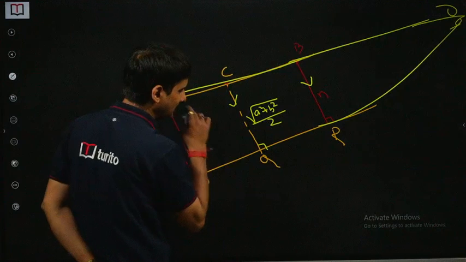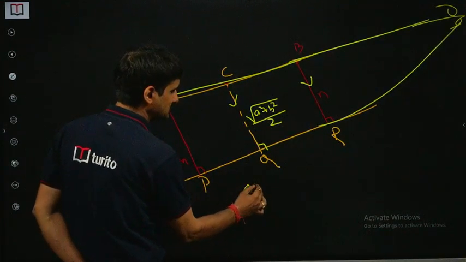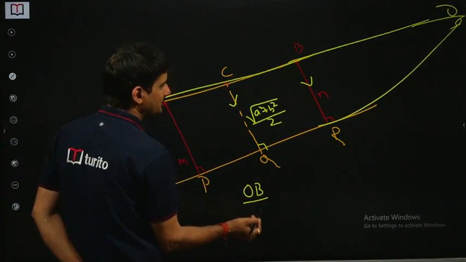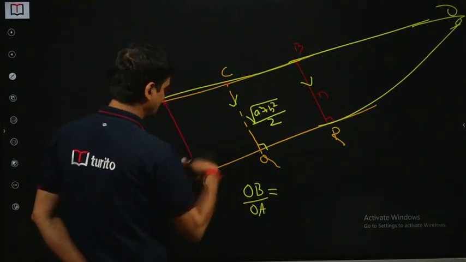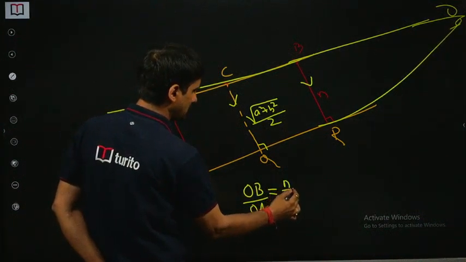People should also try; I will also try once I finish this session. OB upon OA, for this triangle and this triangle, will be equal to n upon m.